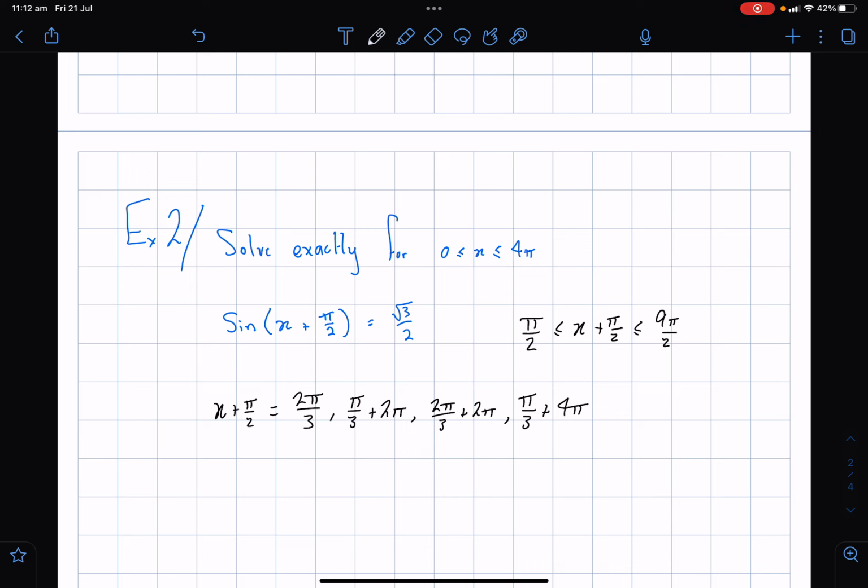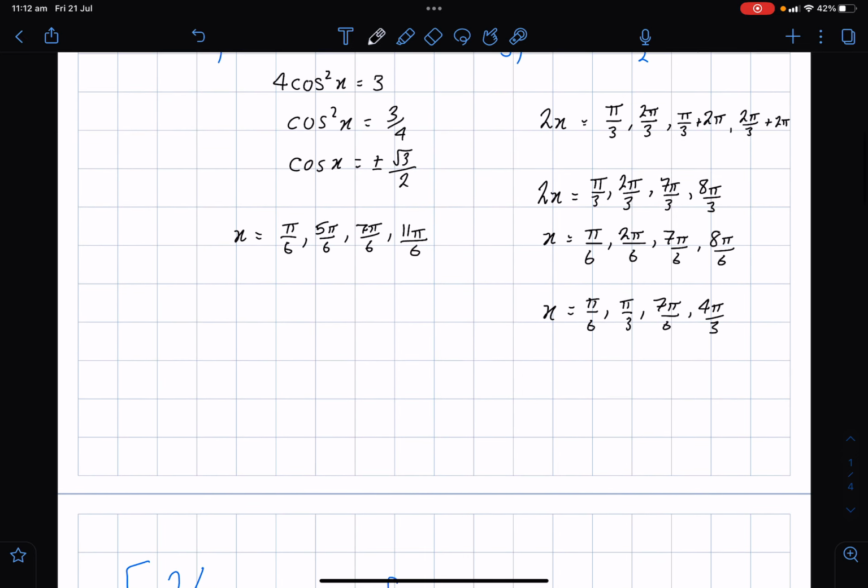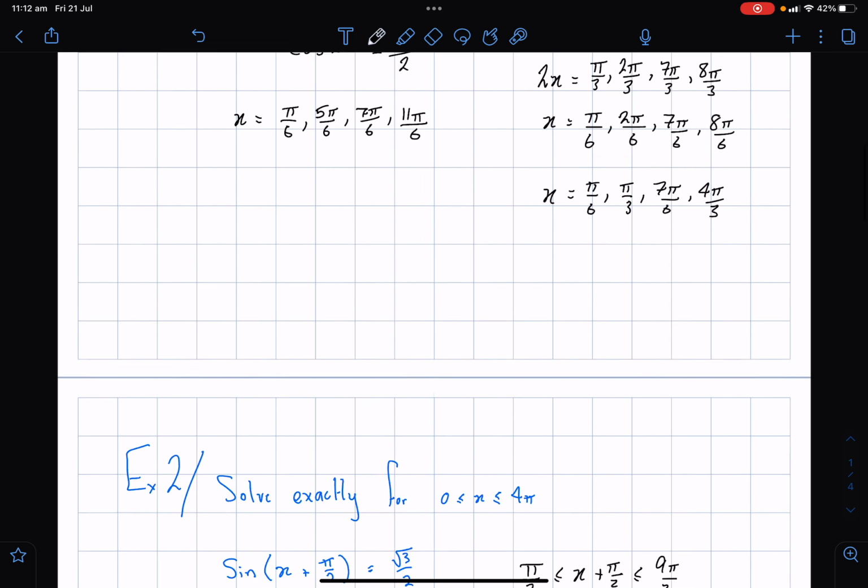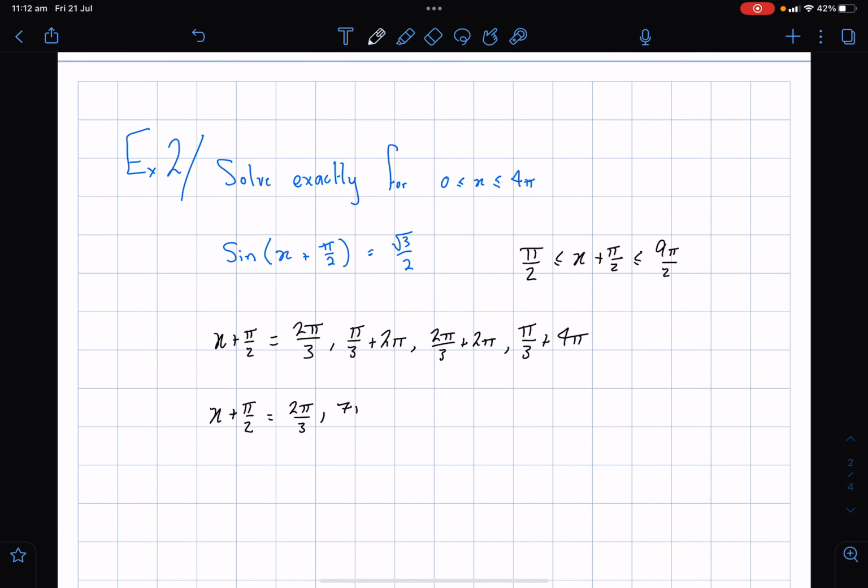So let's tidy them up and just double check. And if we've gone too far, we can just drop one off. So I've got 2 pi on 3. Pi on 3 plus 2 pi, as we said up here, was 7 pi on 3. This one is 8 pi on 3. And then pi on 3 plus 4 pi is 9 pi on 3.